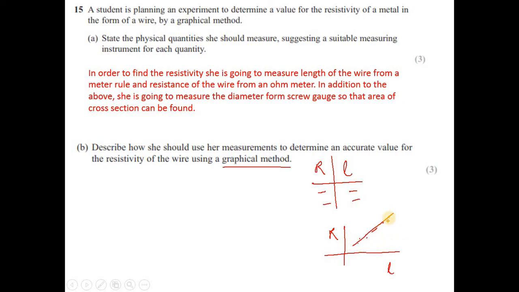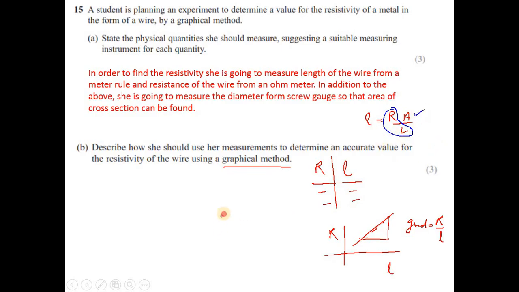From the line of best fit you can figure out the gradient, and the gradient will be resistance upon length. Remember the formula of resistivity, rho is equal to resistance times area upon length. So from this graph, the gradient is R upon L. The gradient needs to be multiplied by the area.